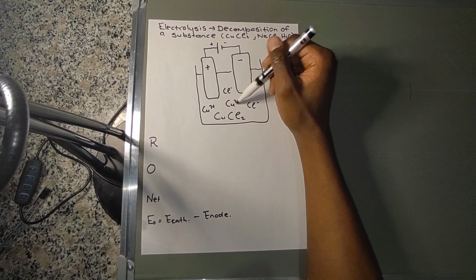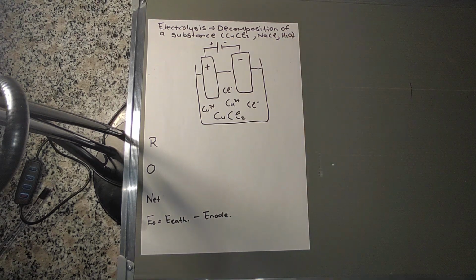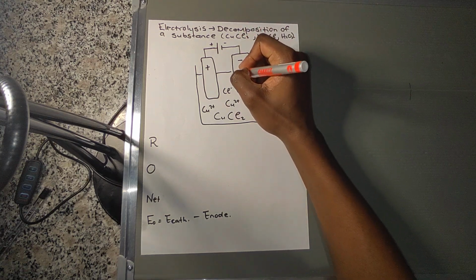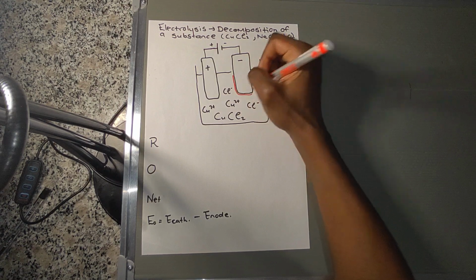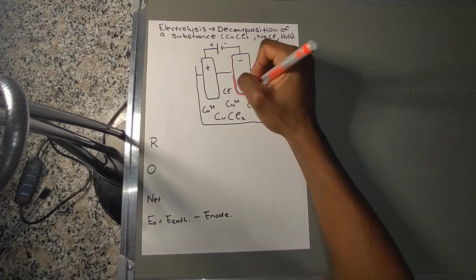That means the copper ions will now attach on this electrode. What we'll see happening here is that around this electrode, the copper will be forming a layer here. Okay, so the red color is simply the copper ions forming the layer.